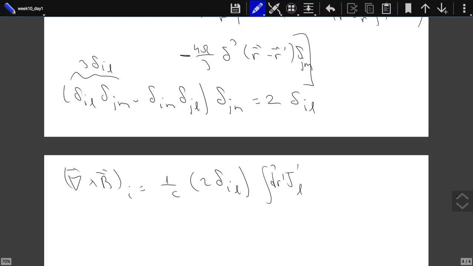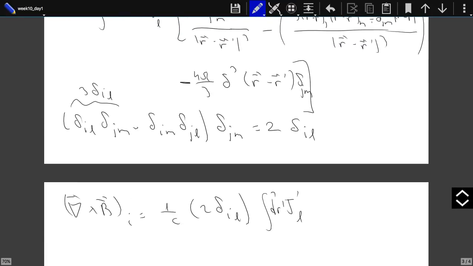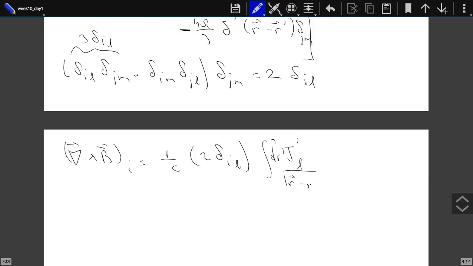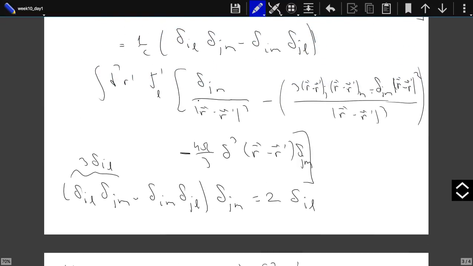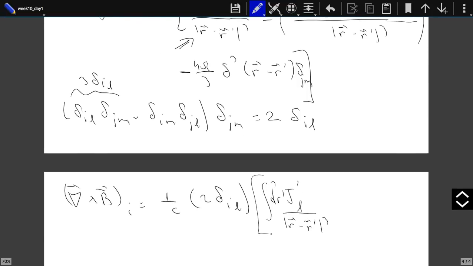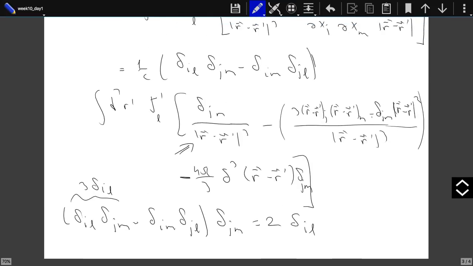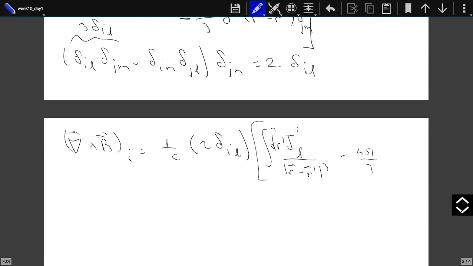Integral of j prime l d cubed r prime over |r minus r prime| cubed, and now this is the term we wrote. Then I have this minus 4 pi over 3, and the integral of the Dirac delta just gives me j l. There's no integral on that second term.